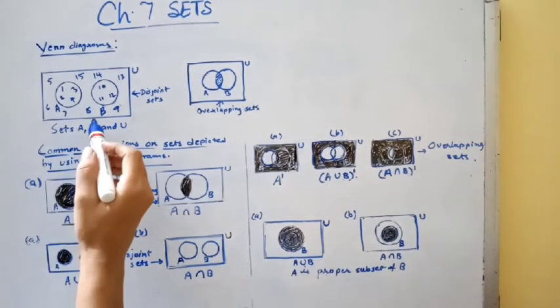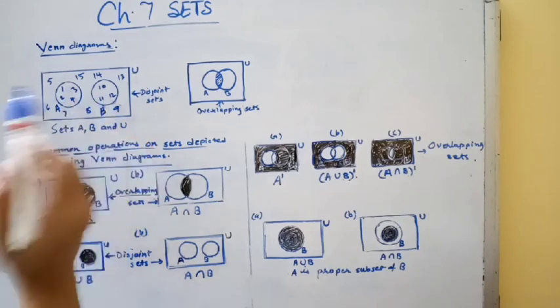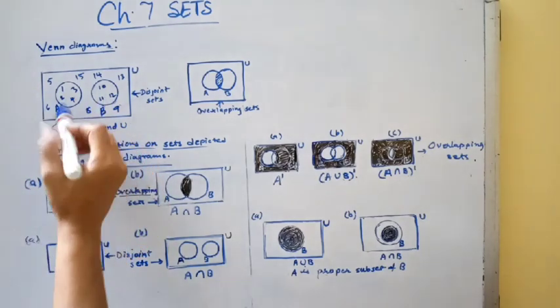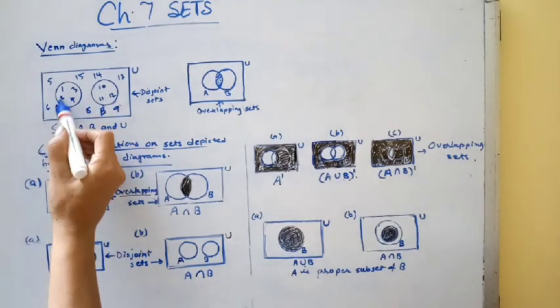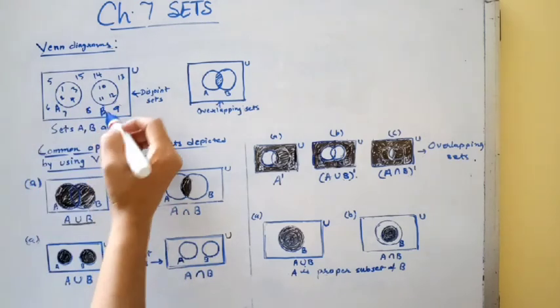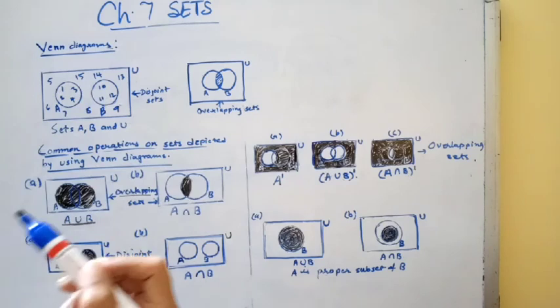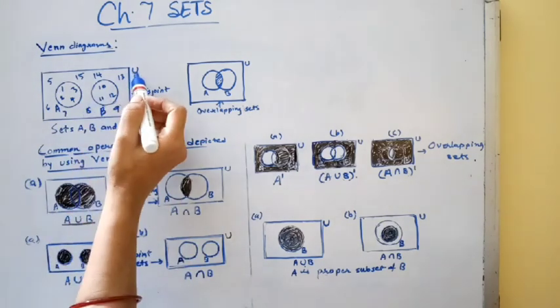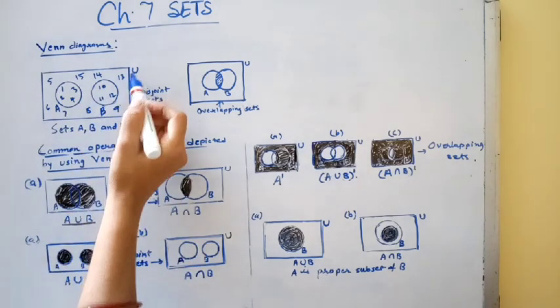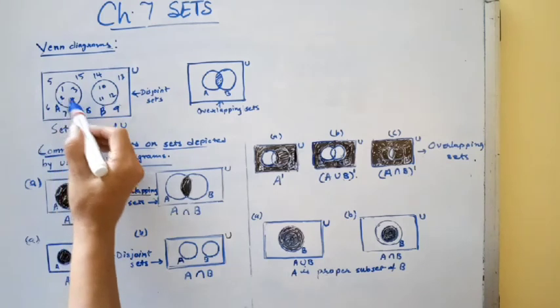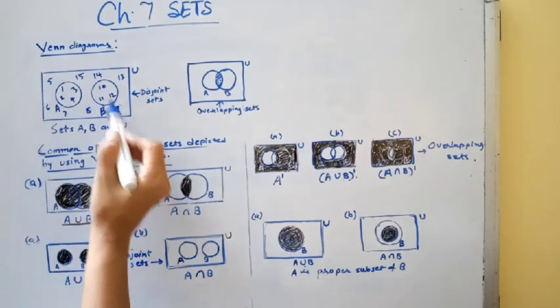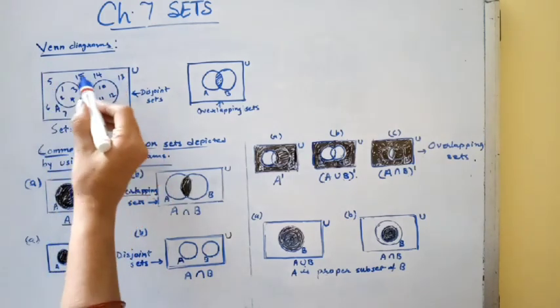Now this figure shows disjoint sets. The set of elements of A are 1, 2, 3, 4, and the set of elements of B are 10, 11 and 12, and the universal set has elements 1, 2, 3, 4, 5, 6, 7, 8, 9, 10, 11, 12, 13, 14, 15.